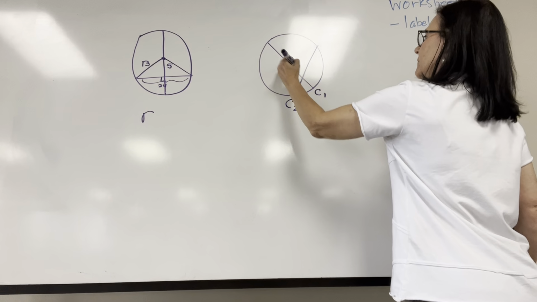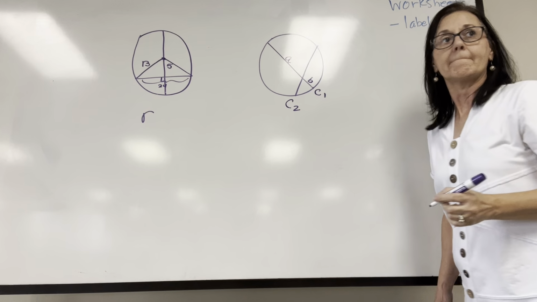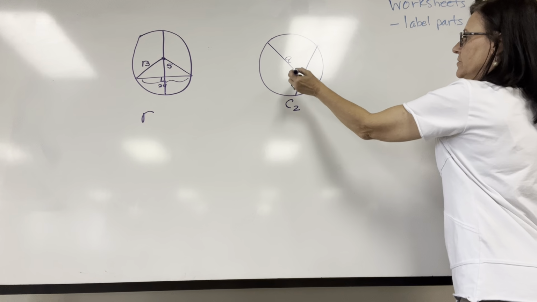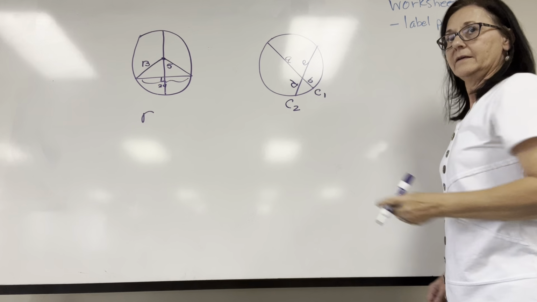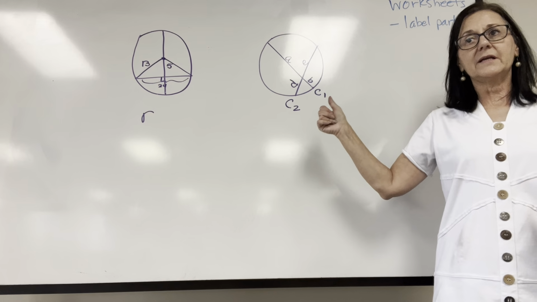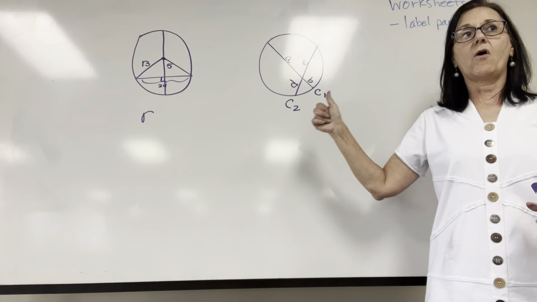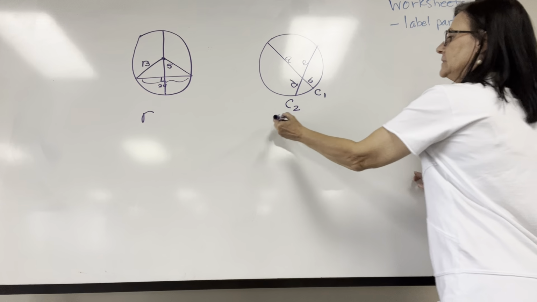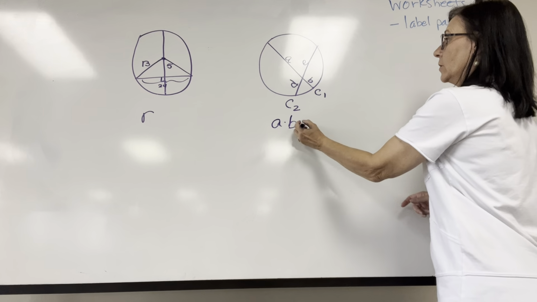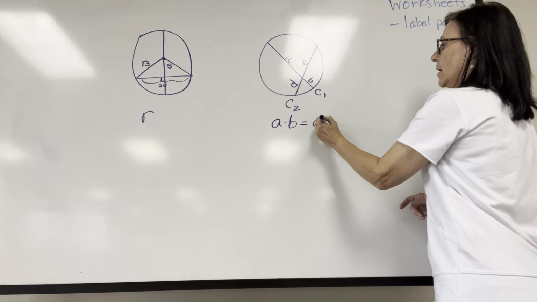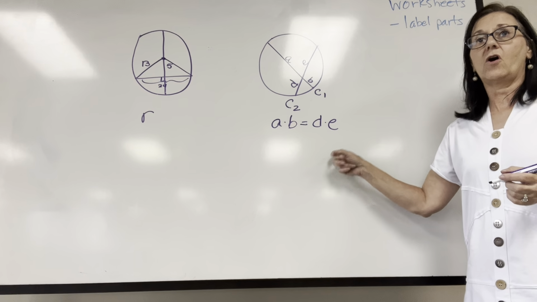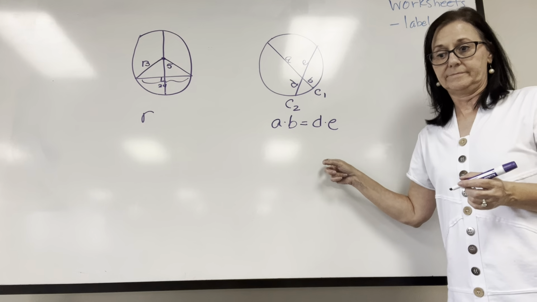We'll label this segment A, that segment B. We'll label this segment D, we won't use C, D and E. The product of these segments of the chords are always equal, such that the product of the segments of chord 1 will equal the product of the segments of chord 2. That is always, always, always the case.